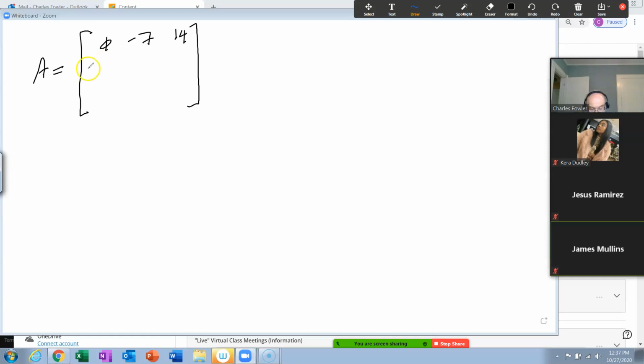Okay, 1, 2, negative 2. 0, 3, negative 8. Okay, and we're wanting to find the determinant.